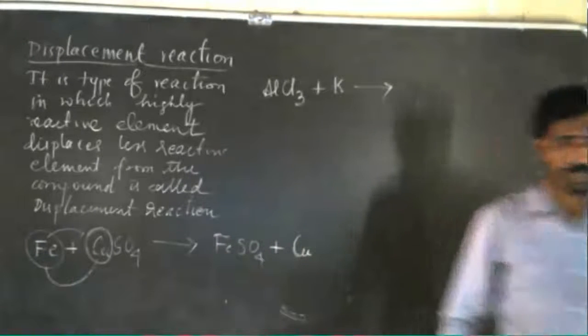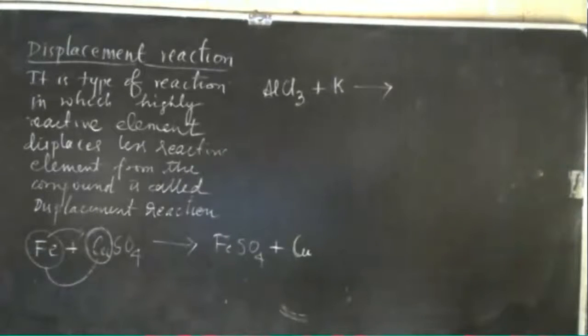So potassium, AlCl3 reacts with potassium Cl. Write this reaction. Complete the reaction.